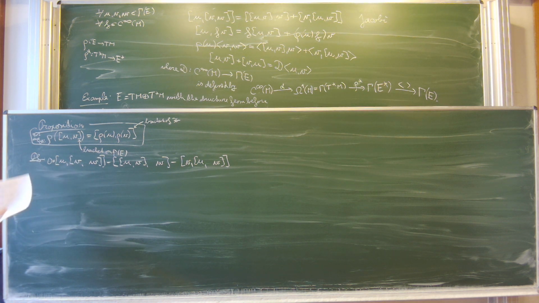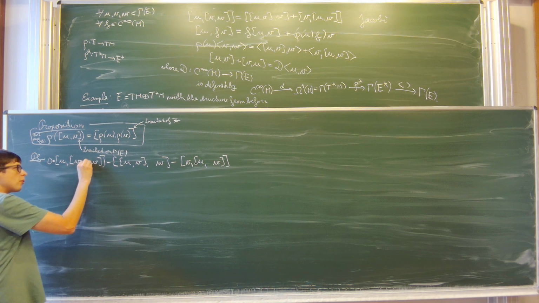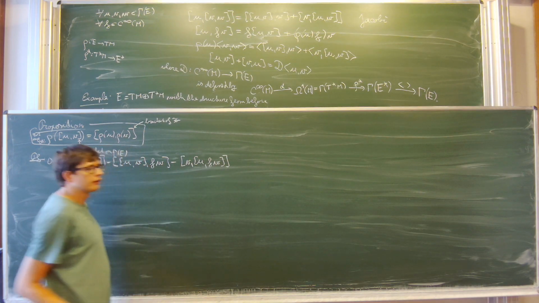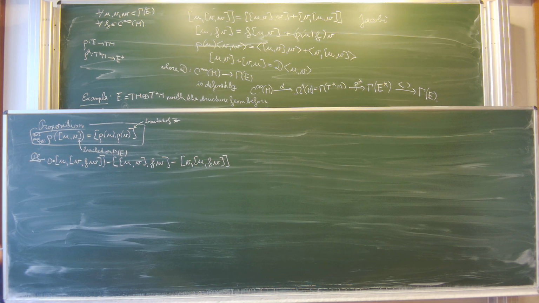Now fix your Courant algebroid. You know that this is true for all triples of sections. So it's also true if you multiply your W by some function. This is a true statement because it holds for all sections. And I will just use the second axiom.